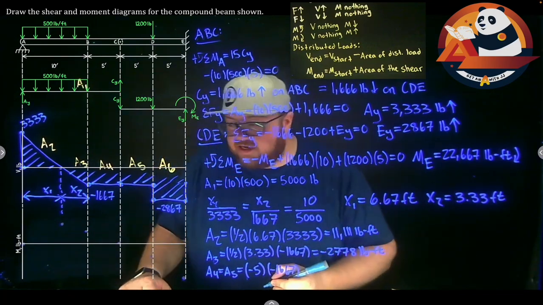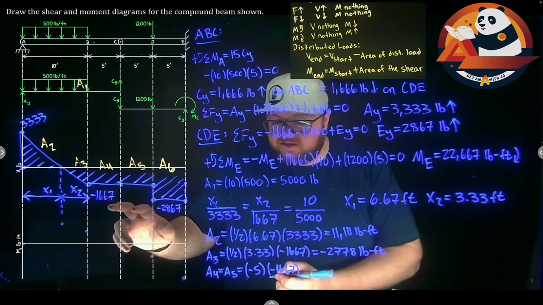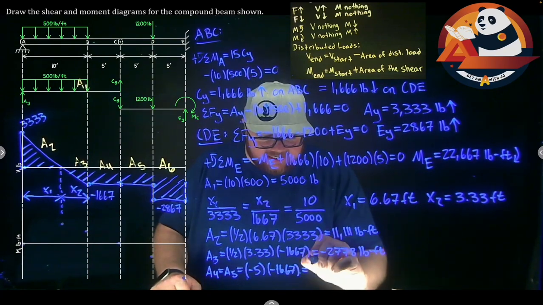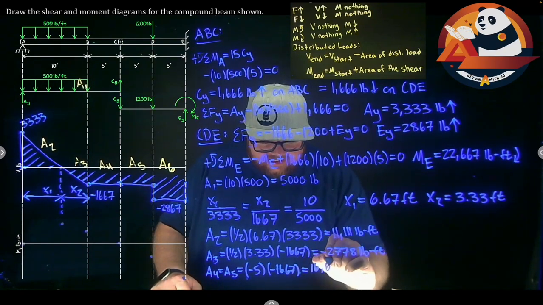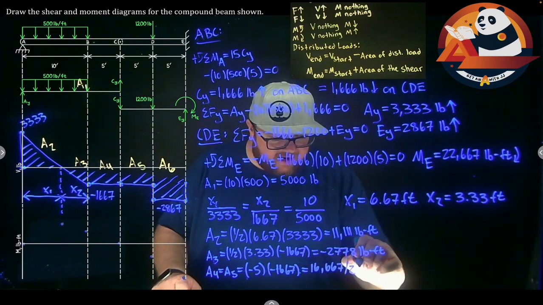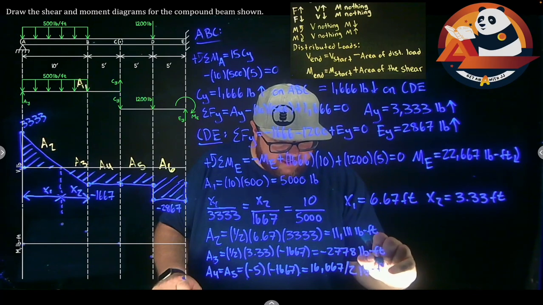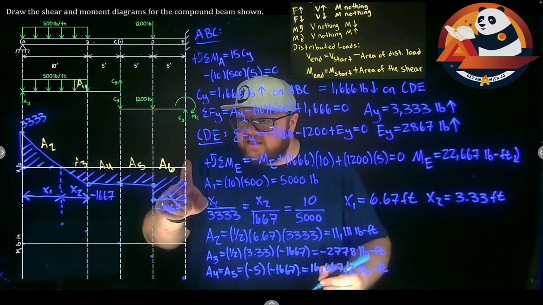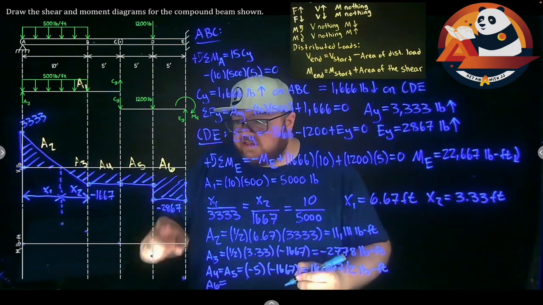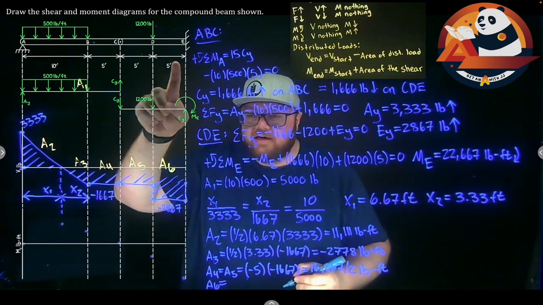I combined them in my notes into one thing, but we'll write this just divided by 2. This is 16,667 over 2, and we can work with that. Pound feet. And one last area to get. We need area 6. Should get us, we're a rectangle, so our base is 5.